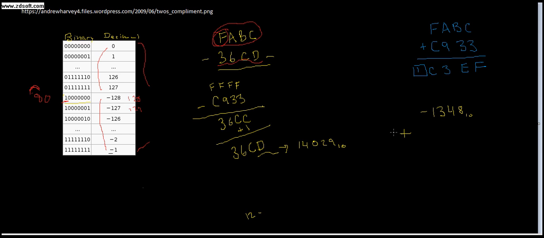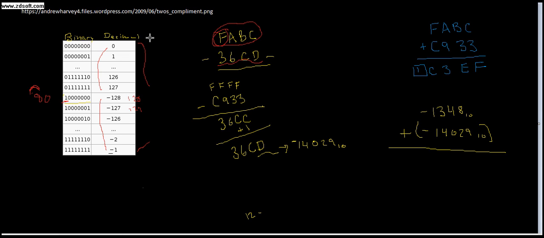Alright, but remember that it's negative because this was a signed interpretation. And so plus negative 14029 base 10. Okay, and the question we're asking is, does that equal the C3EF as signed?